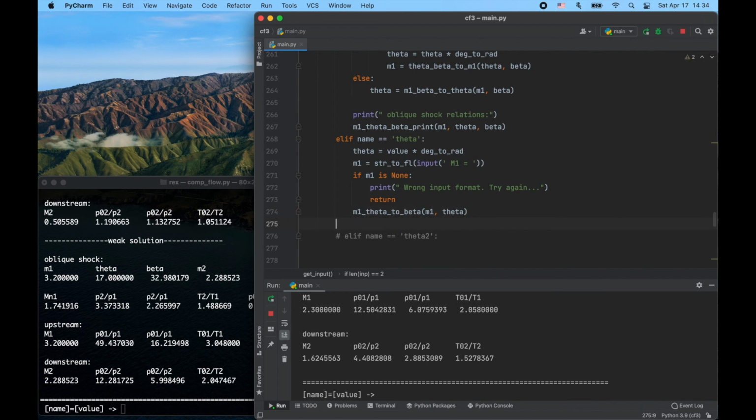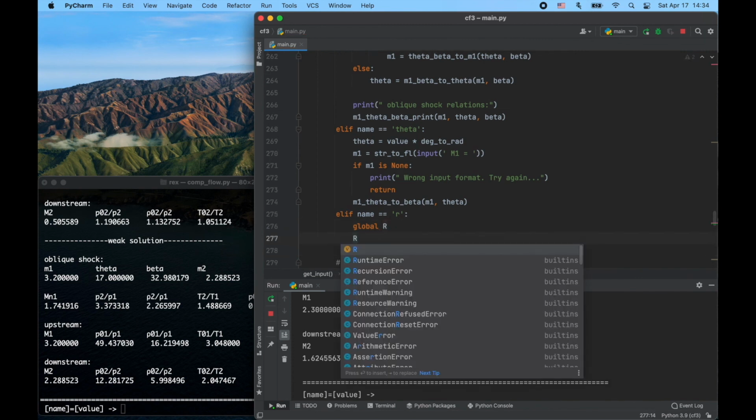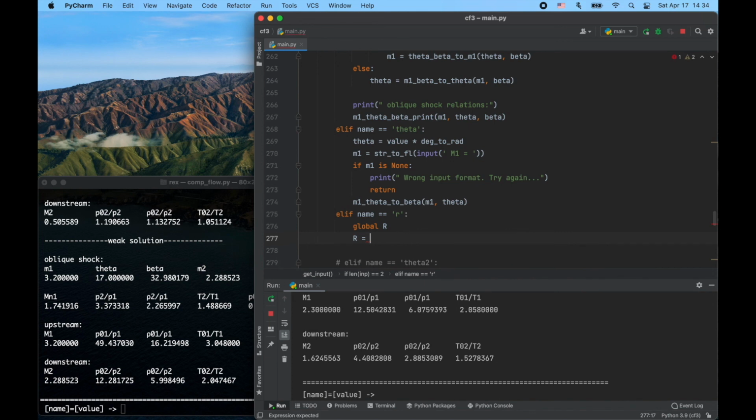So, else if name is constant r, then we are going to use a global variable r, and r is going to be replaced by the value. And we will print out saying that, okay, change R to this value.